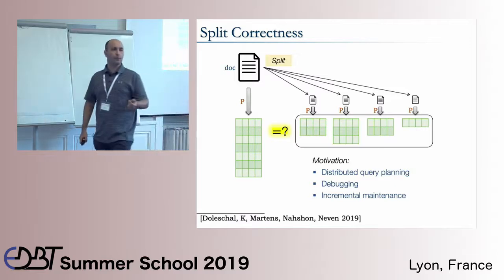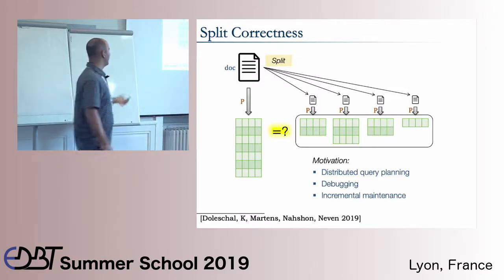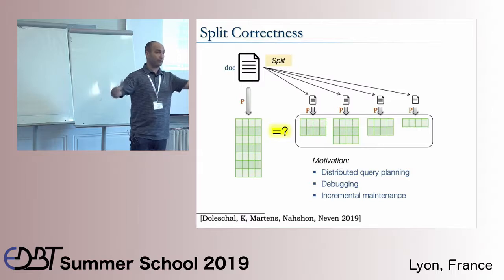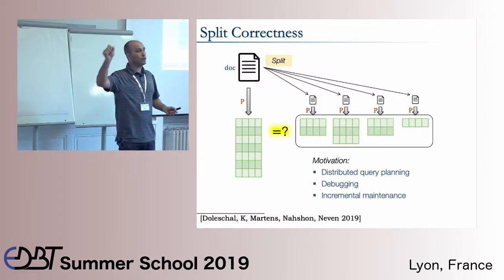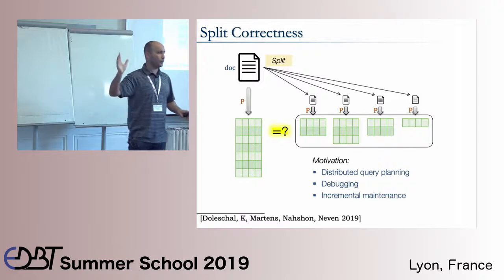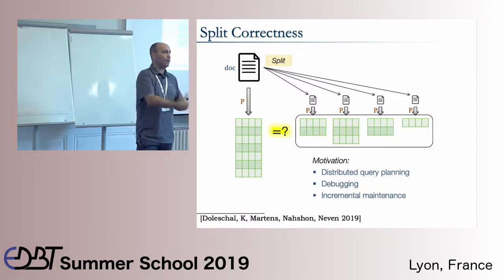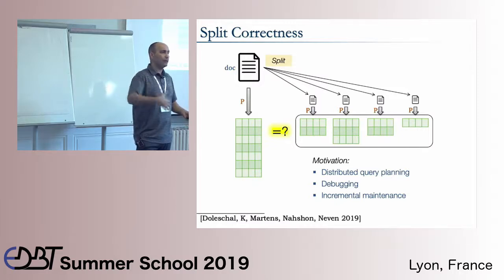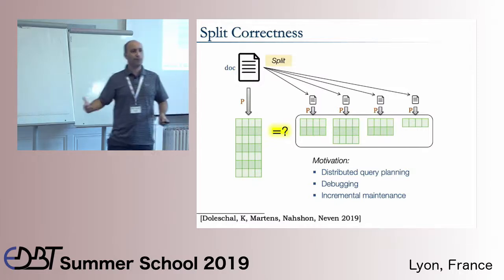Another motivation is incremental maintenance. Suppose you have a long document like Wikipedia, where someone changes one word somewhere in the big document. If you want your spanner output to be up to date, in principle you need to evaluate it from the very beginning.